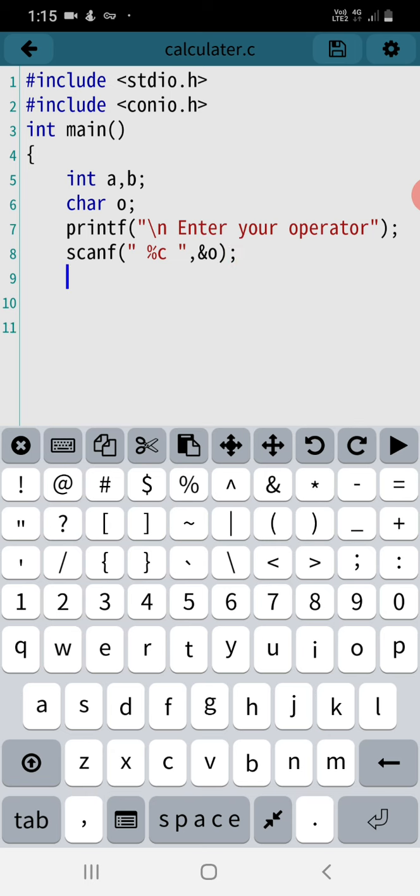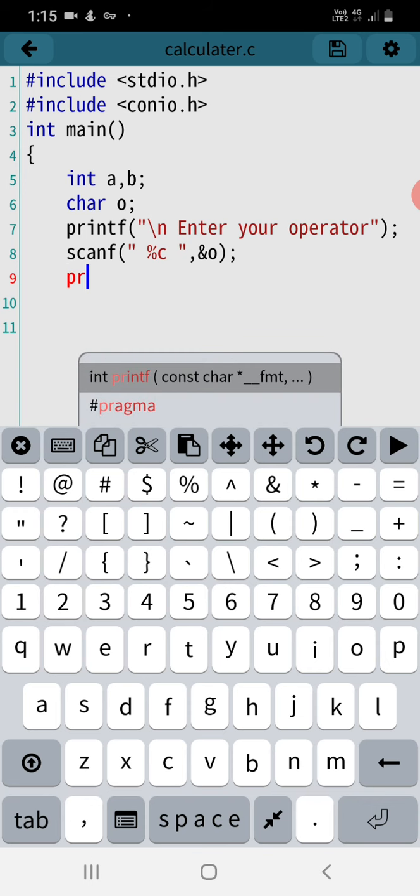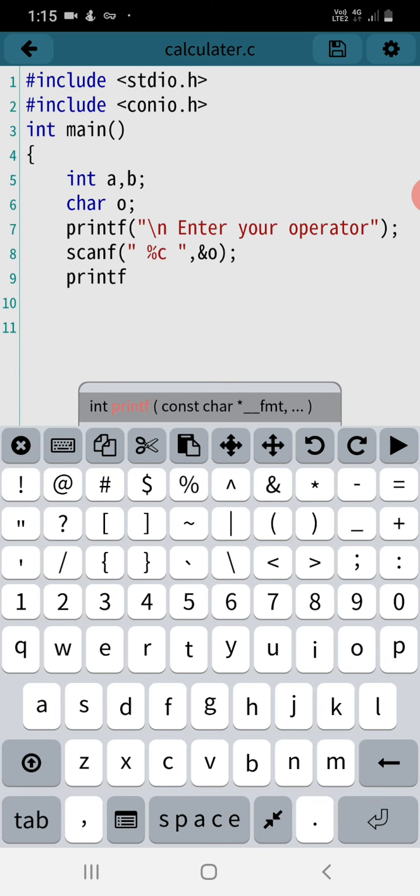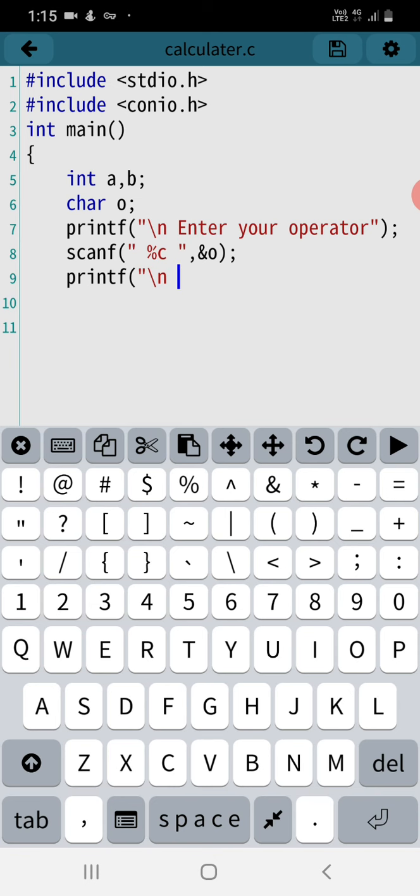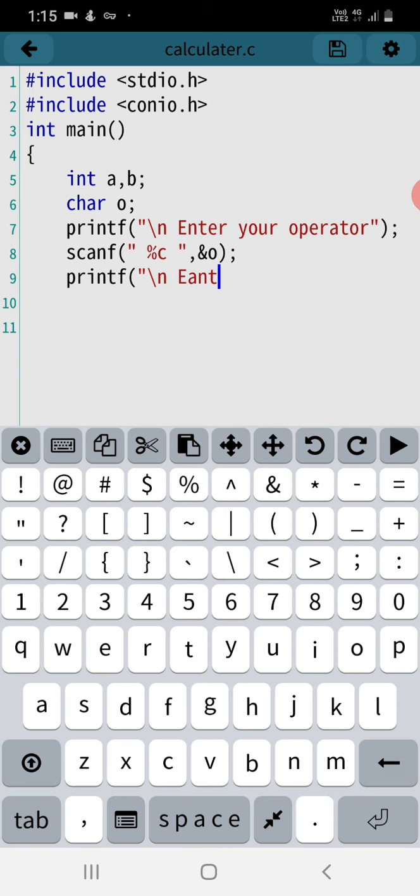Then again printf, newline, "Enter your values".